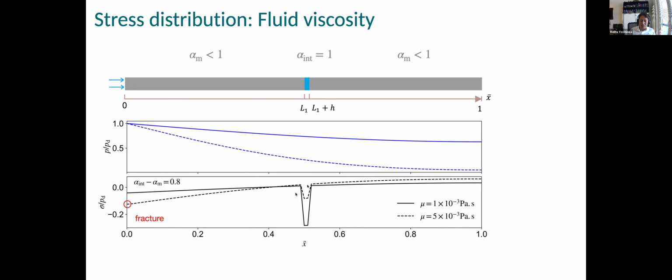This dashed line is the case with higher viscosity, and in this case, we expect fracture to happen at the injection point. So this stress distribution is impacted by both the fluid viscosity and the contrast in Biot's coefficient.